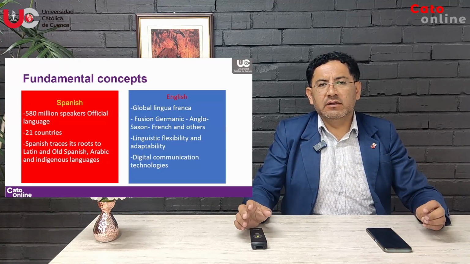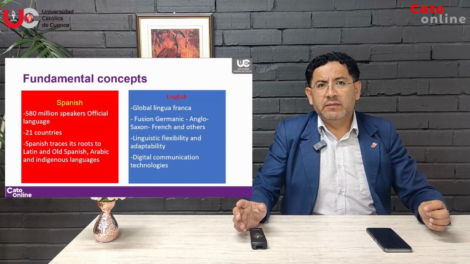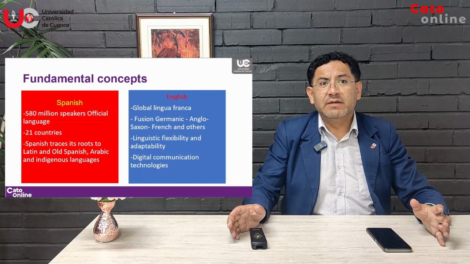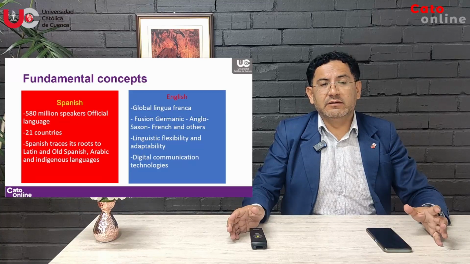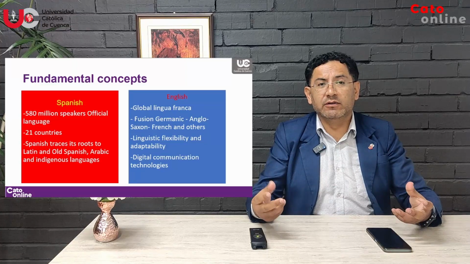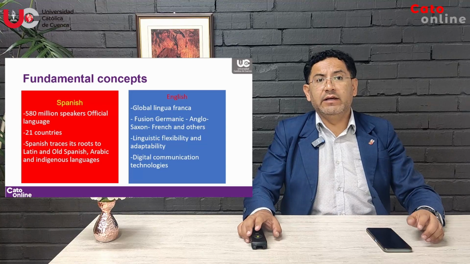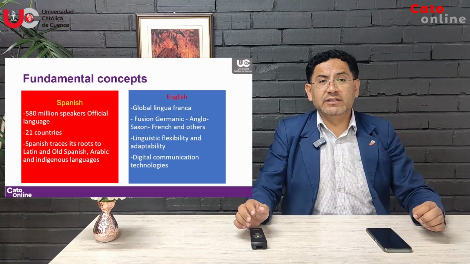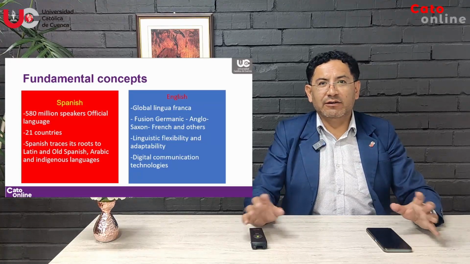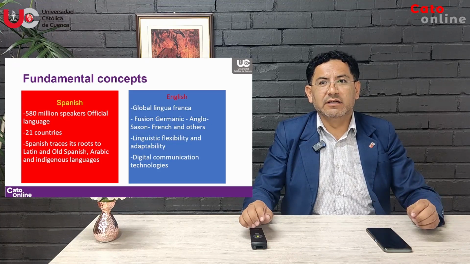English is a fusion of Germanic, Anglo-Saxon, French, and other languages because of its flexibility and adaptability. Because English can get different words from different languages. And with the digital communication, English has a lot of new words every day because of digital communication.